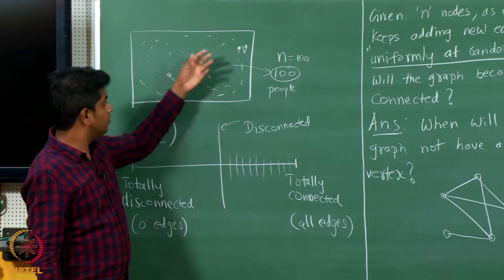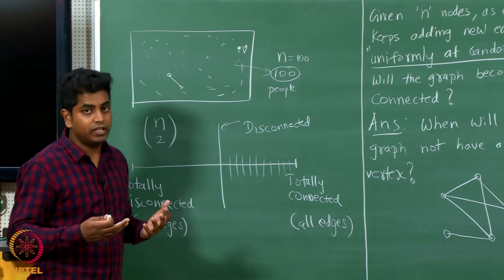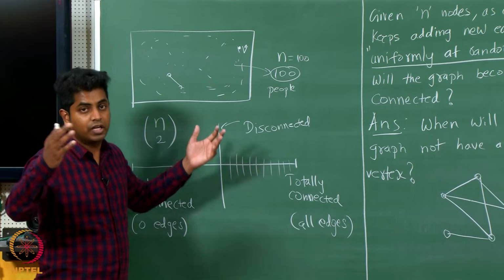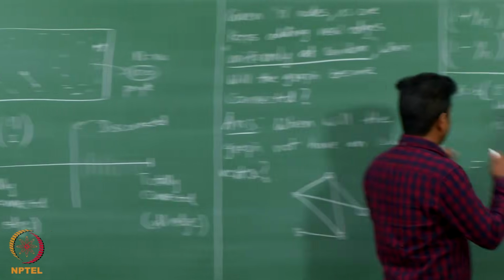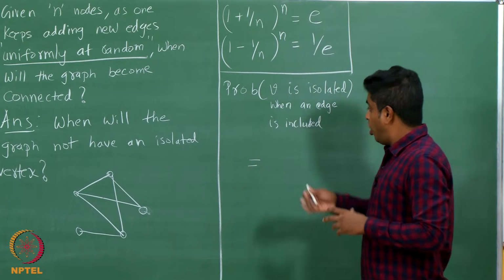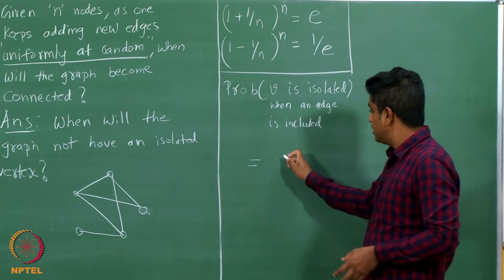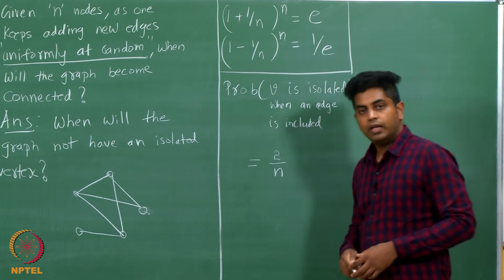It is 2 by 100, simple observation. Maybe you may want to pause and think for a minute why that is true. I am assuming that you know how it is 2 by 100. So the probability of an edge being on V, on a graph with n vertices, is 2 divided by n.